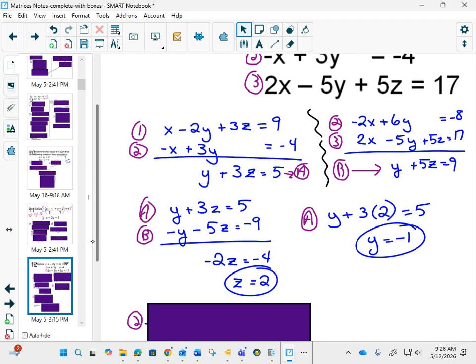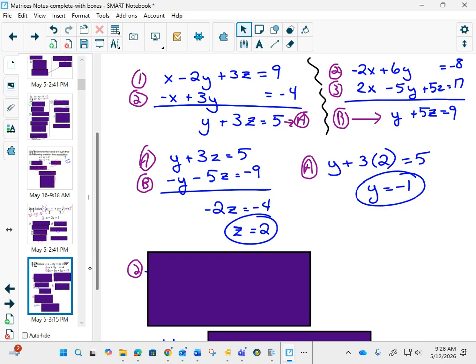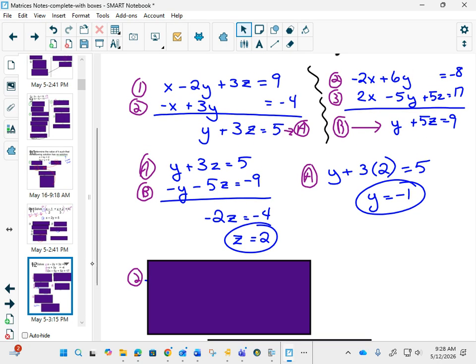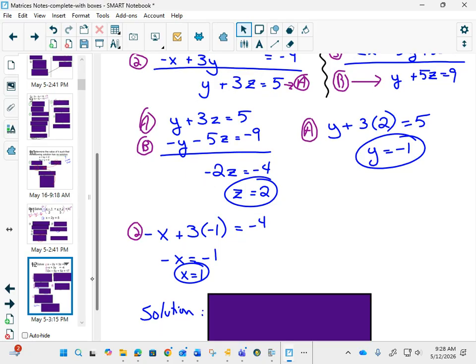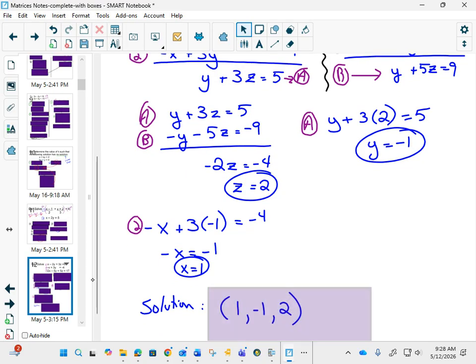And once I have y and z, I could plug it into equation 1, 2, or 3 and find x. I decided to plug it into 2 because 2 was really simple. And I got x equals 1. So my solution as a point is (1, negative 1, 2).